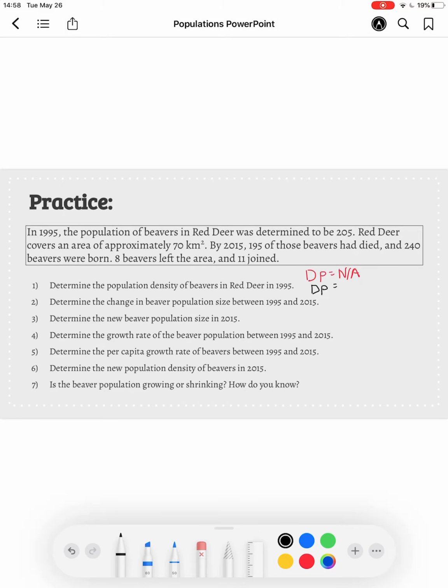N is our number of individuals. In 1995, let's go back to the question. It says in the population there was 205. So we're going to write 205 divided by the area. They say the area of Red Deer is 70 kilometers squared. So if I put 205 divided by 70 into my calculator, I'll get 2.93.